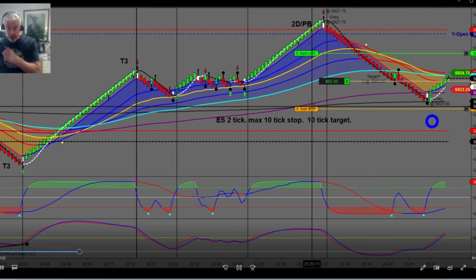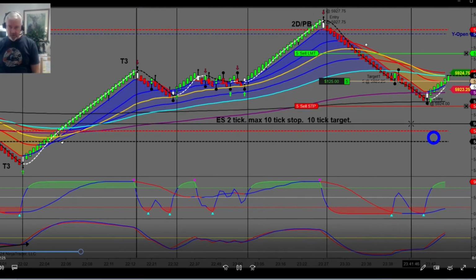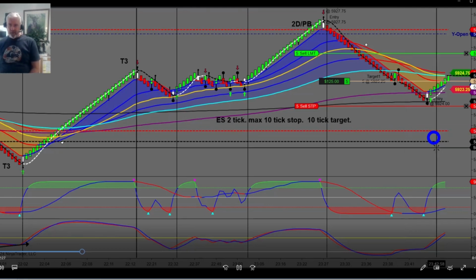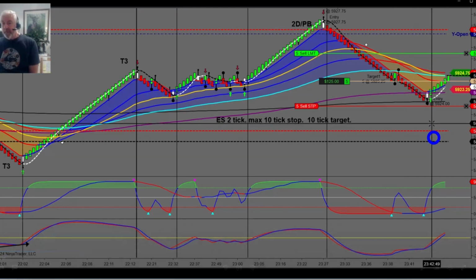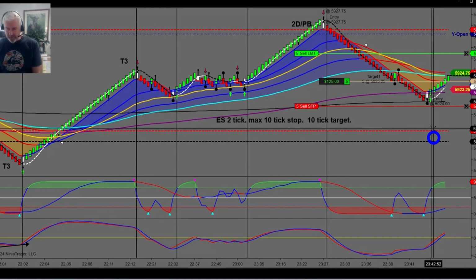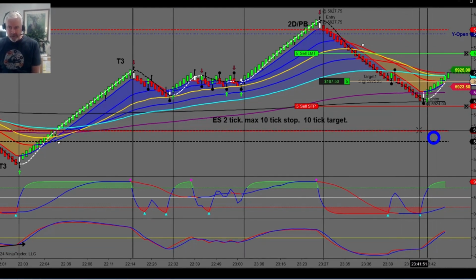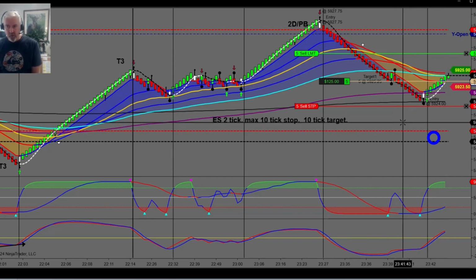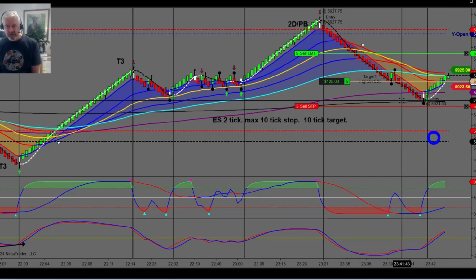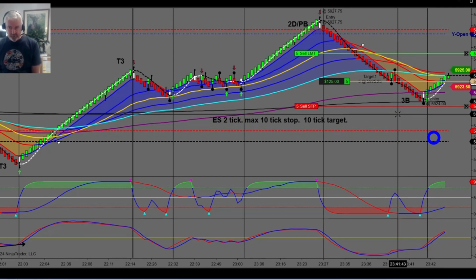Now here I've gone long. This is what we call a 3B, by the way, a 3B setup. Now in this particular case, if I remember correctly, we ended up rallying up and touching or almost tagging the 10 ticks, but I wasn't filled. So I went to break even at +2.